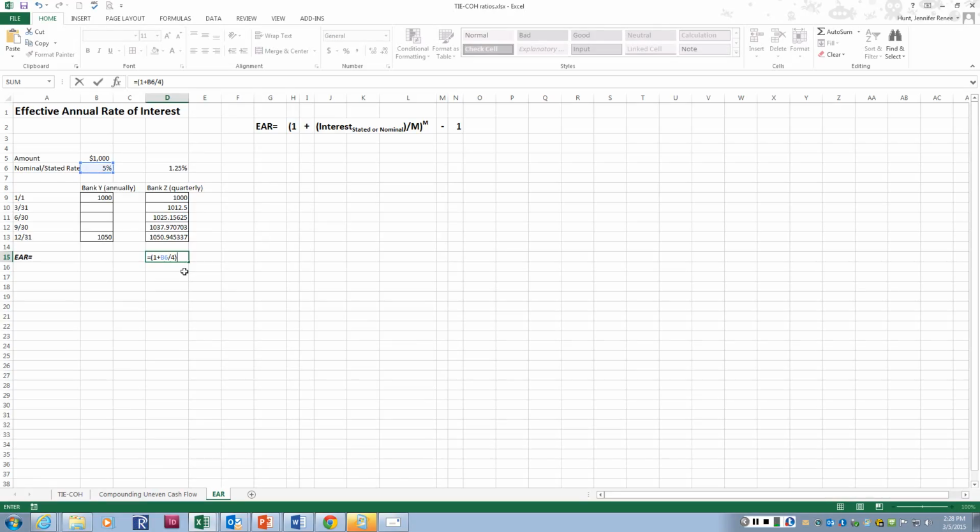We're going to raise that to our number of periods, which is 4, and then we're going to subtract 1. So you can convert that over to a percentage. And let's bring some decimals out. So you can see even though our nominal rate was 5%, our effective annual rate of interest was actually 5.09%. So we got a little better interest rate on Bank Z than we would have with Y.